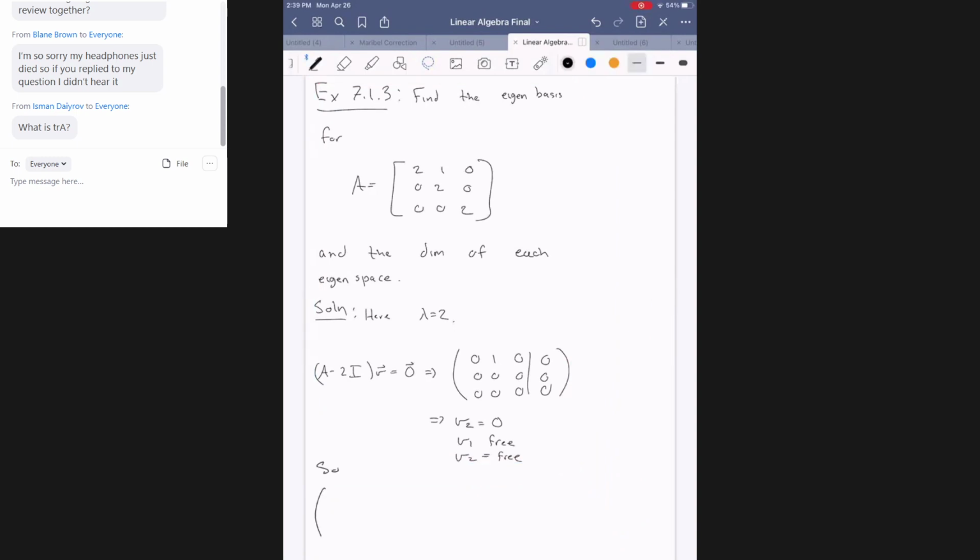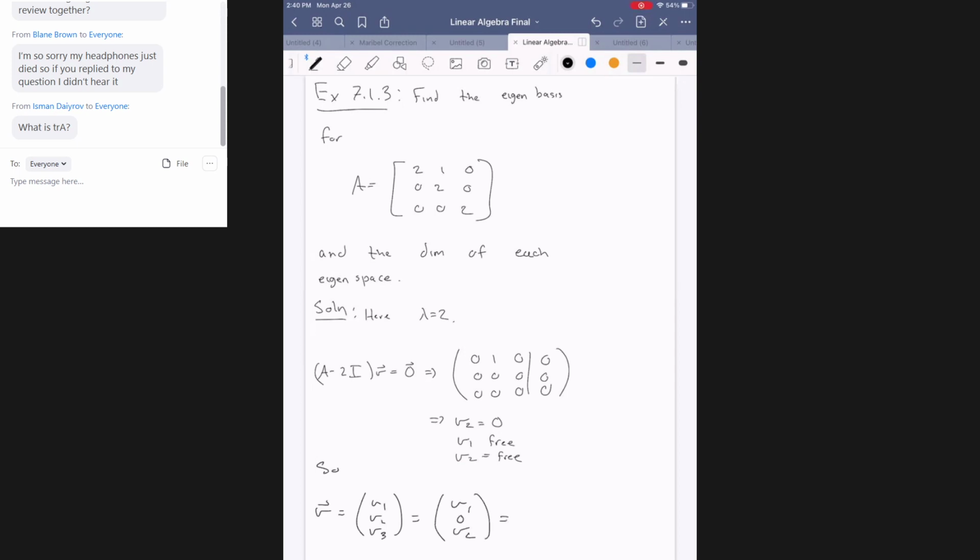V is equal to v1, v2, v3. Well, we know v2 has to be 0, and v1 and v3 are free.